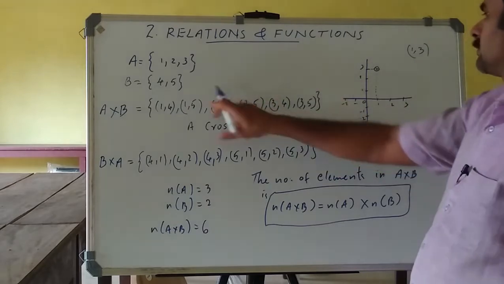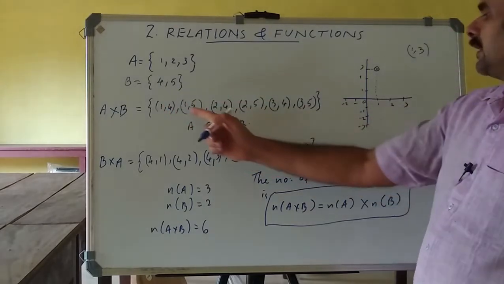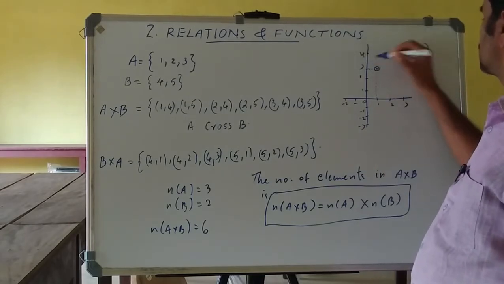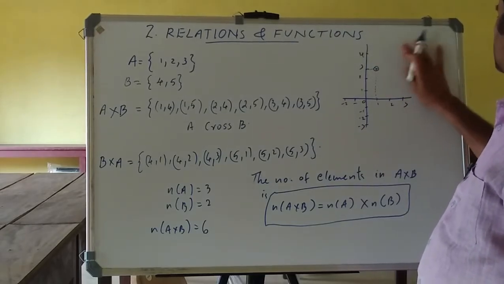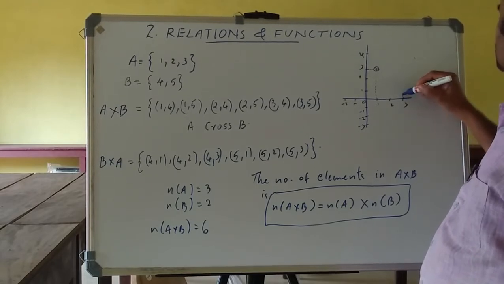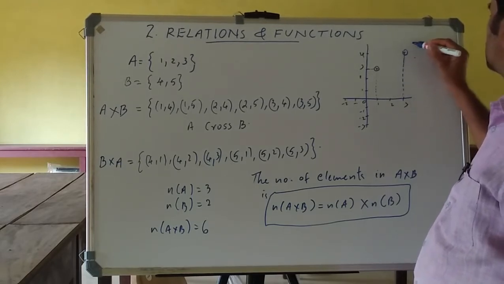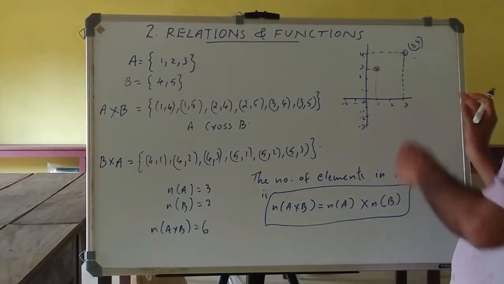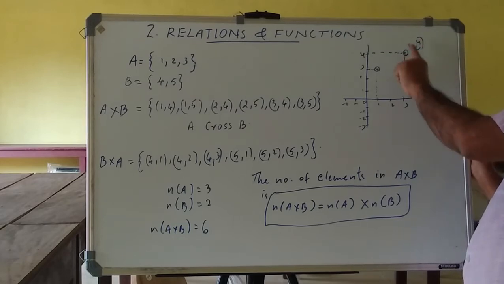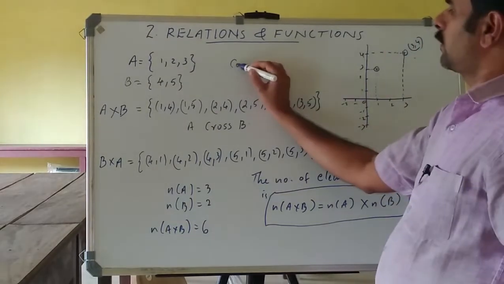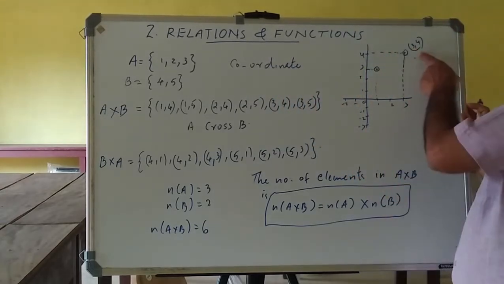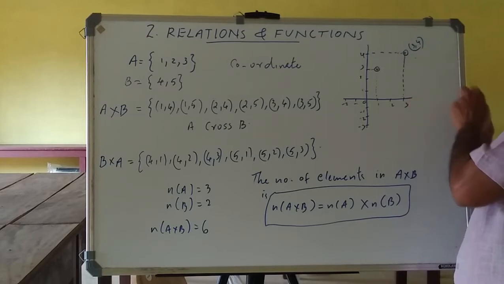Here (1, 3) is not possible from here. Similarly, let us take (3, 4). This is (3, 4). The x-coordinate of this point is 3, y-coordinate is 4. (3, 4).